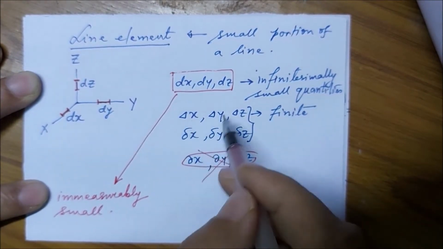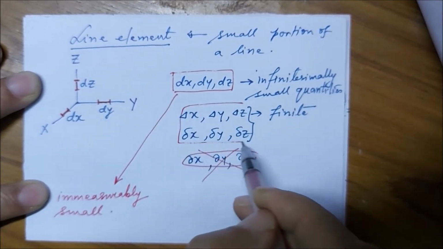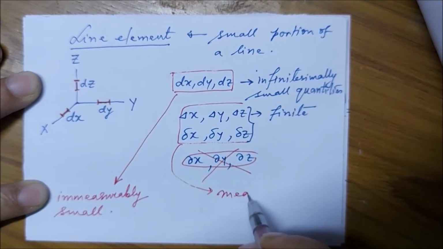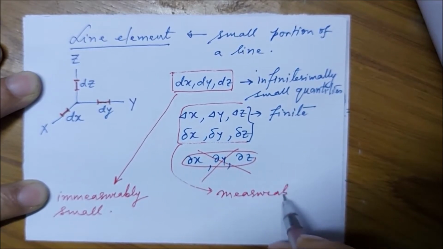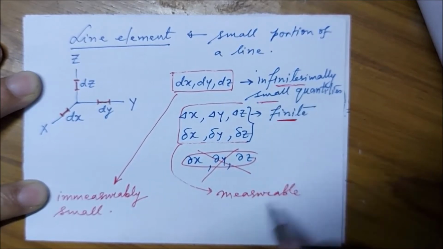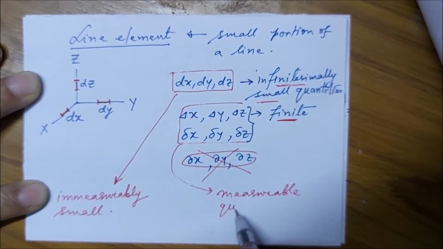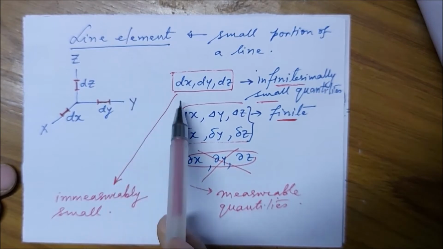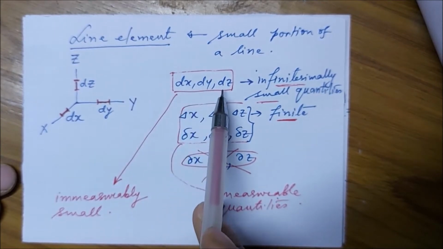But delta x, delta y, delta z can be measured. They are measurable quantities and hence they are finite quantities. And these are infinitely small. So they are measurable quantities. We have thus denoted the line elements corresponding to the Cartesian coordinate system.